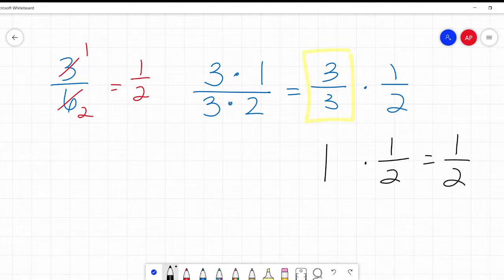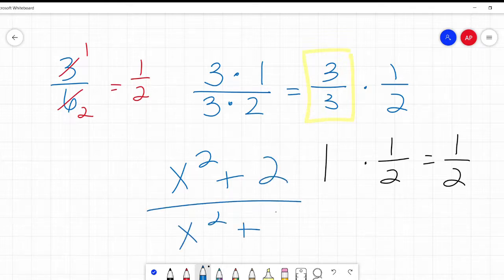So what that means functionally is if things are being multiplied, that's critical, not added, not subtracted, has to be multiplied. Don't fall into the trap of doing something like, x squared plus 2 over x squared plus 4. Hey, x squared, x squared.